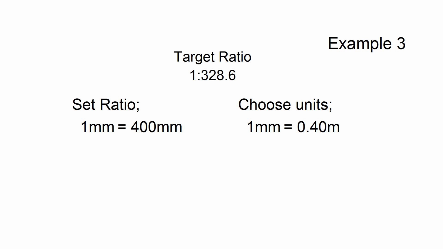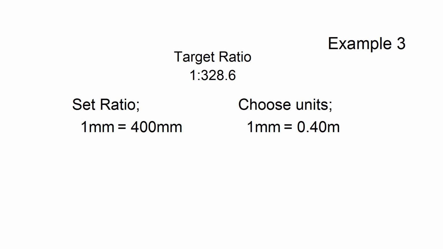And since we have to match the target ratio reduction but not go below it, it's a matter of taking the 328 and increasing that until we hit some ratio pattern that's available on the metric scale. In this case, it's increasing the 328 to 400, which is setting the ratio to 1 millimeter equals 400 millimeters.